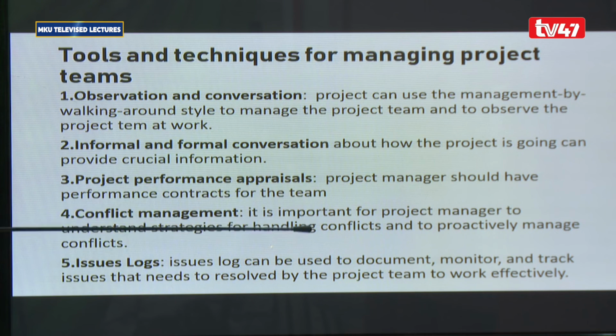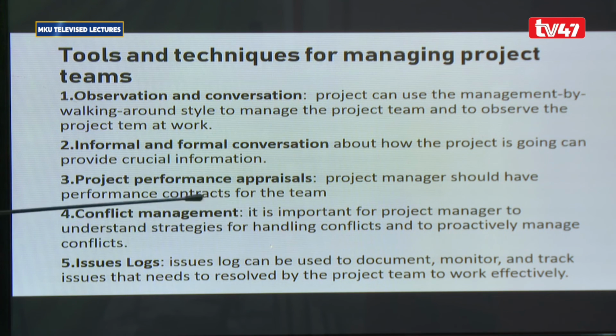Another tool you can use is informal and formal conversation. So talk about how the project is going on, whether you are talking about it formally, that is in form of meetings, or having just a casual conversation with your project team in regard to the progress of this project.